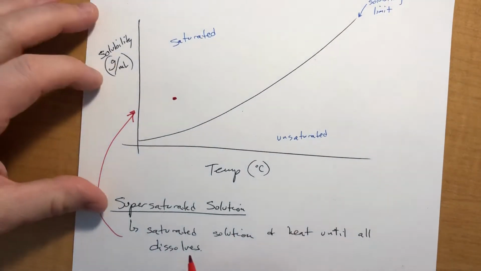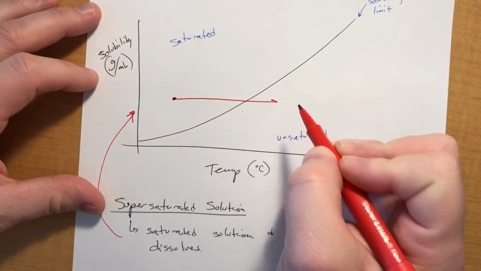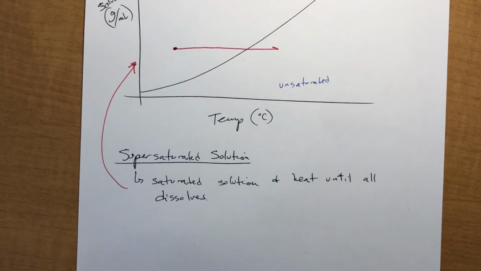In theory, if you heated this up, you would cross this line and it would all dissolve. Great. And then what you do is you very nicely and gently cool the solution.